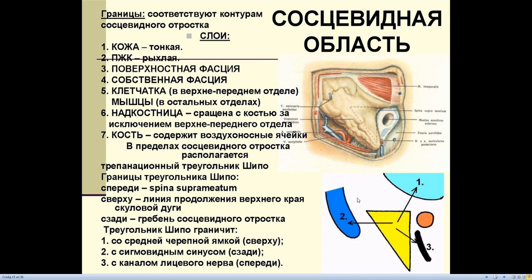The trigonum of Shipo connects with the middle cranial fossa superiorly, with the sigmoid sinus posteriorly, and the canal of the facial nerve anteriorly.